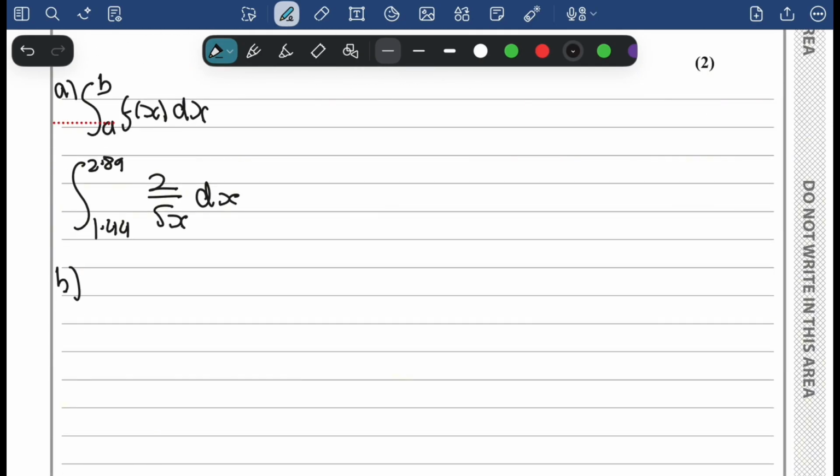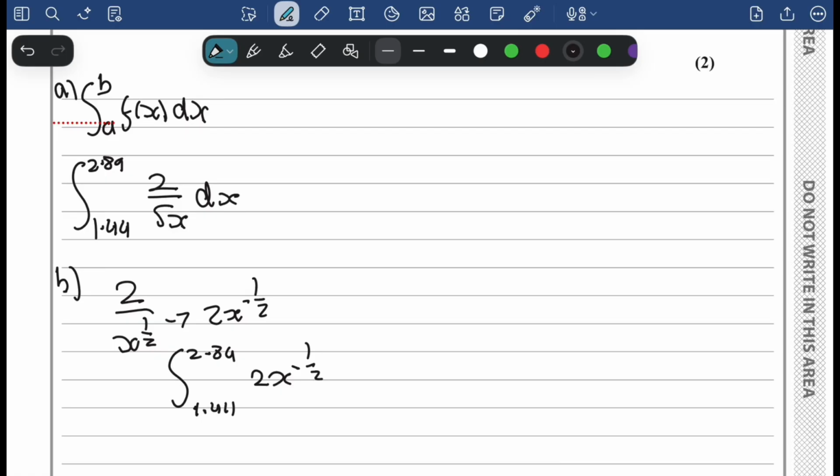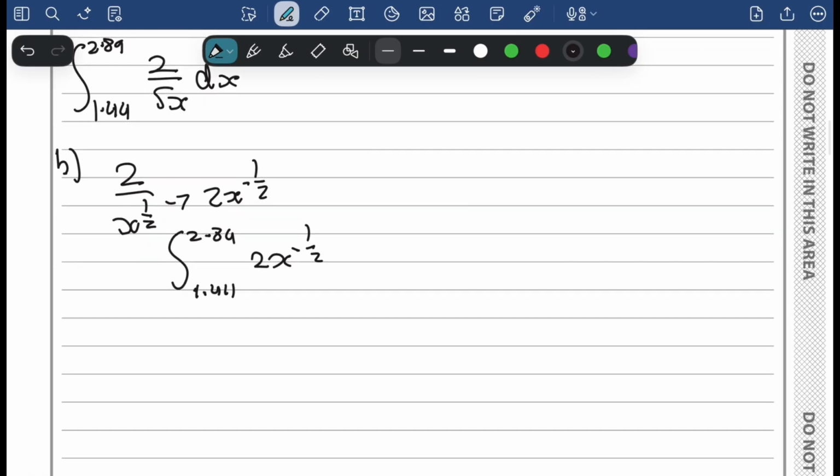So what we'll do is we'll rewrite this. We'll say 2 over x to the power of a half, which is the same as 2x to the minus a half, right? So then we just have to integrate 2x to the minus a half between these two limits, which is like this. So I'm going to add 1 to the power, so add 1 to minus a half is going to be a half, right?